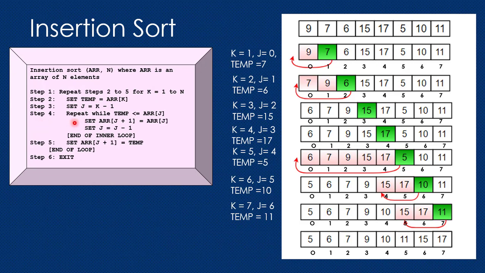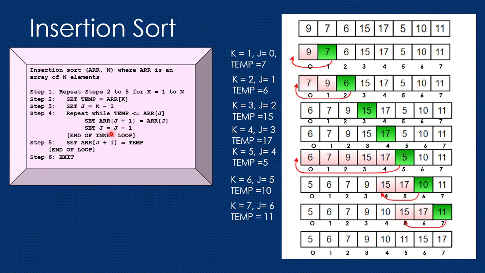And now this fourth step is really important. We are going to compare the temp value with array of j. The temp value is actually 7. 7 is compared with 9. Is 7 less than 9? Yes, 7 is less than 9.